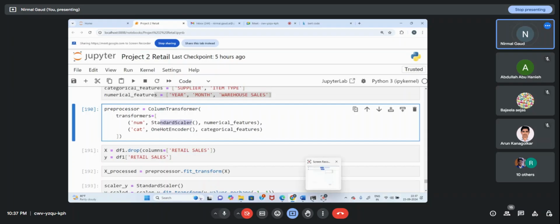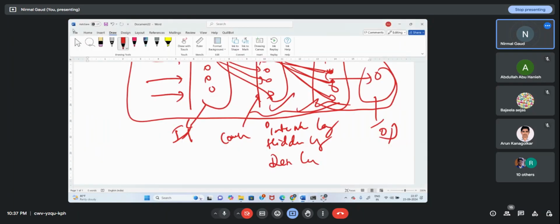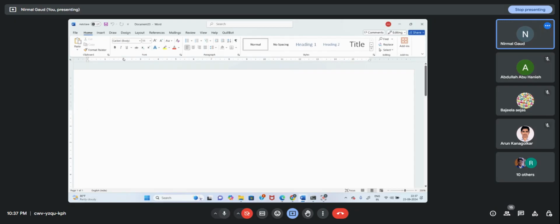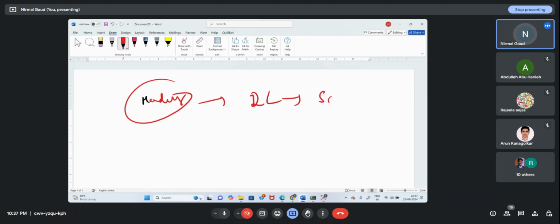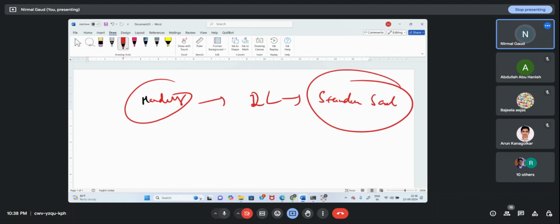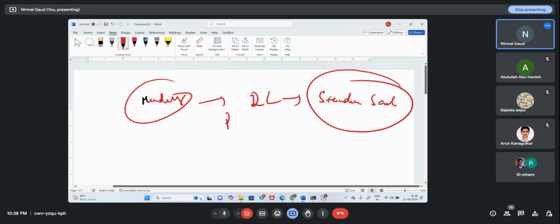Now again, one thing is mandatory: for deep learning you have to perform standard scaler. It is a requirement.